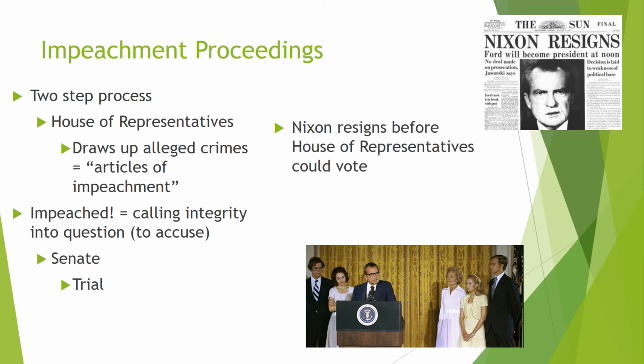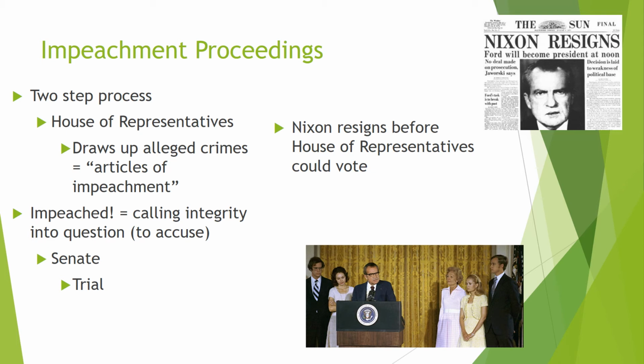According to the Constitution, the president can be impeached for treason, bribery, or other high crimes and misdemeanors. The problem for most Americans when they hear those words is they think of a misdemeanor as a low-level crime. And what misdemeanor means in a political context is bad political behavior.